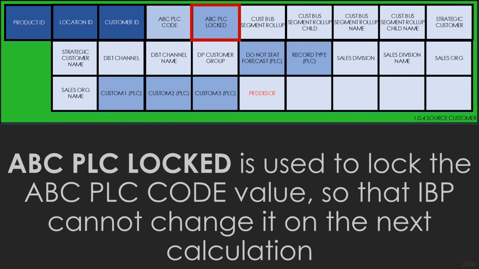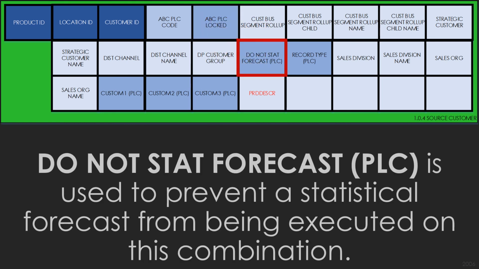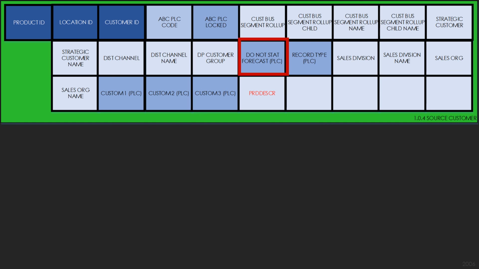ABC PLC locked is used to lock the ABC PLC code value so that IBP cannot change it on the next calculation. Do not stat forecast PLC is used to prevent a statistical forecast from being executed on this combination.